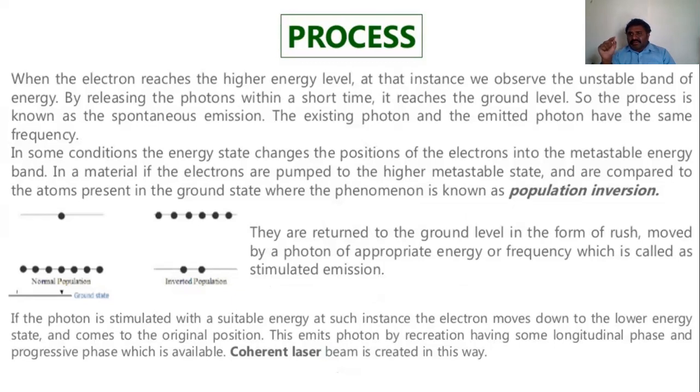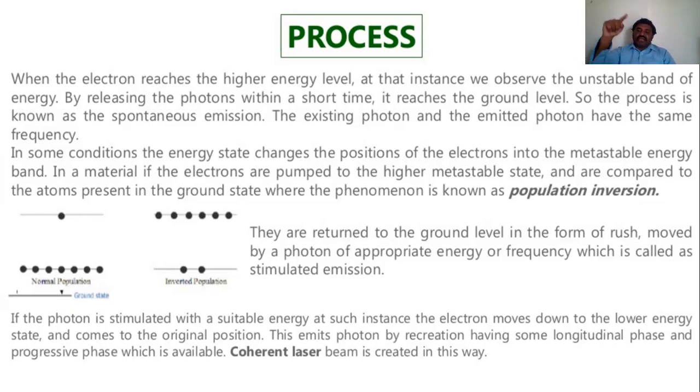We observe the unstable band of the energy by releasing a photon. Within a short time the electron reaches the ground level. When it comes into a stable state, it immediately comes down from the unstable state. Due to this photon, this process is known as spontaneous emission.